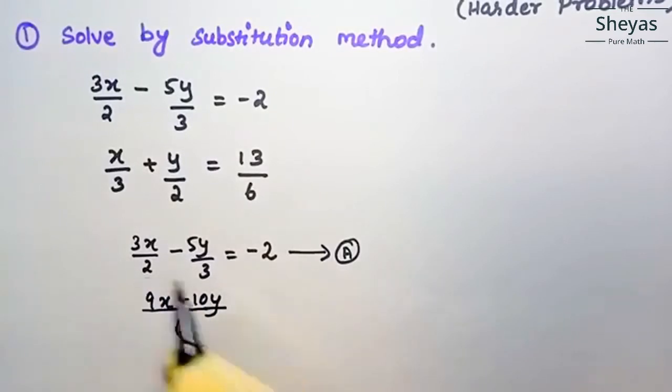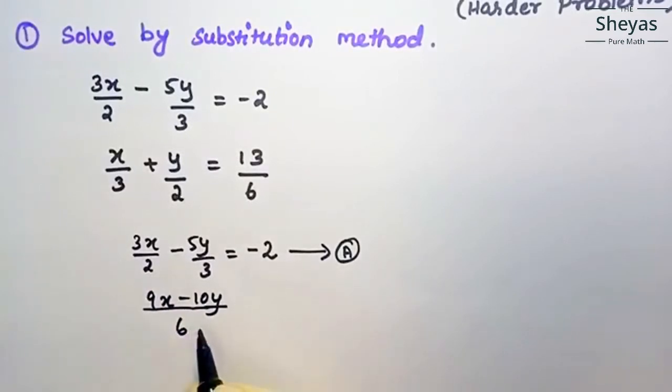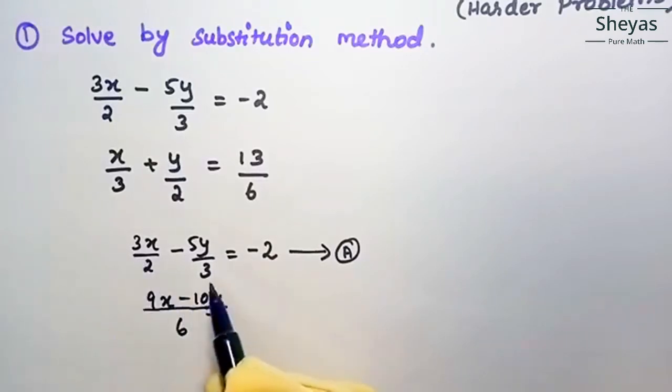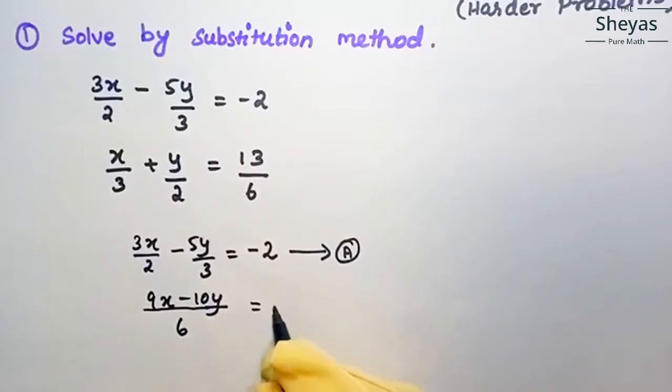You can just take the LCM and make it a common denominator, which you have already learnt in your lower classes, in grade 9, 8, like that. So 3 3s are 9x minus 10y by 6 is equal to minus 2.